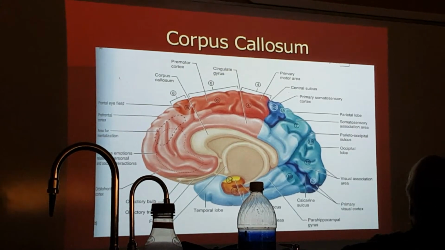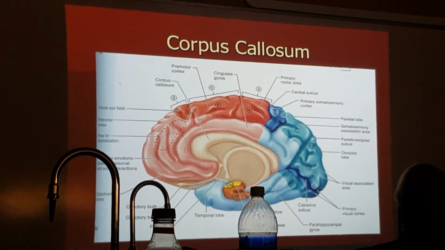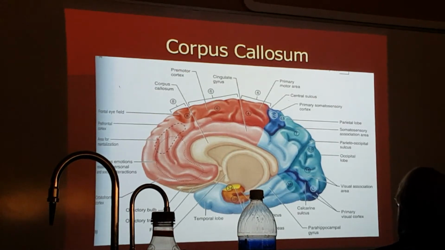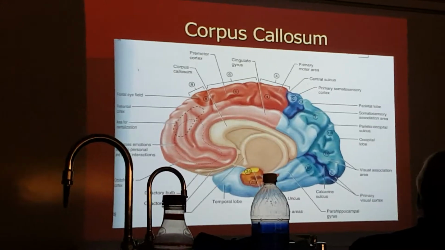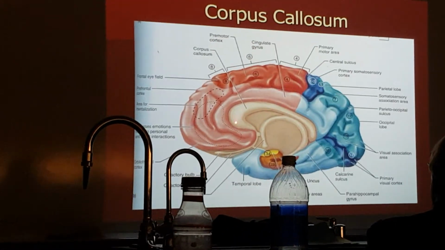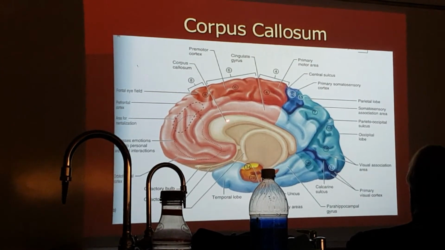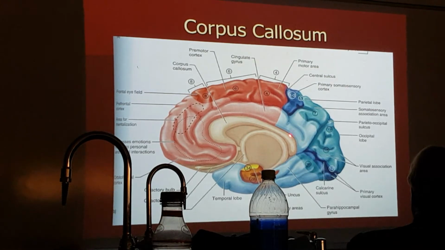And here we were looking at a lateral view of the brain, and we removed the left half so that we could see down the inside of the longitudinal fissure. And what we see is the only structure that connects the two halves of the brain, which is the corpus callosum.